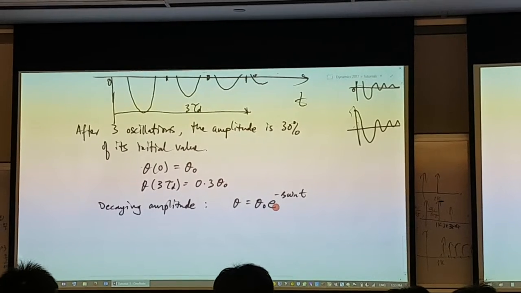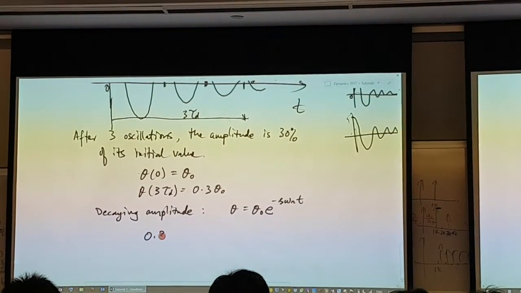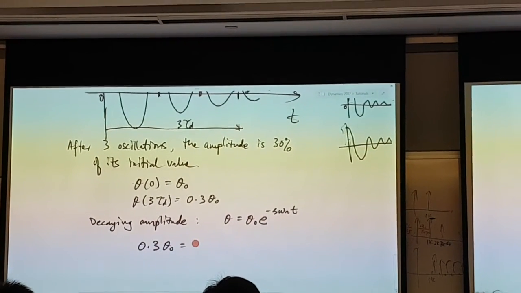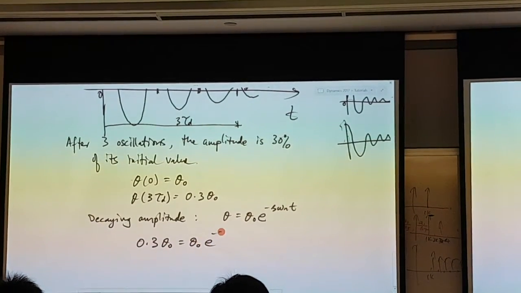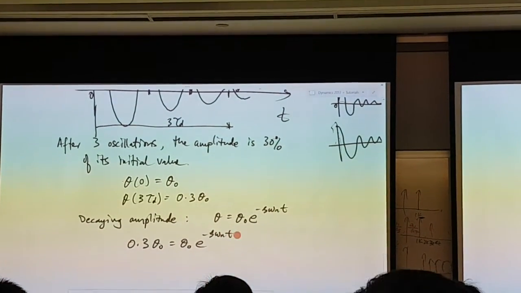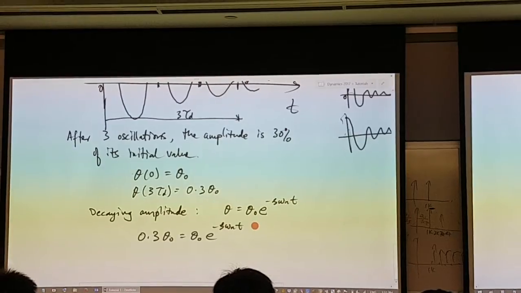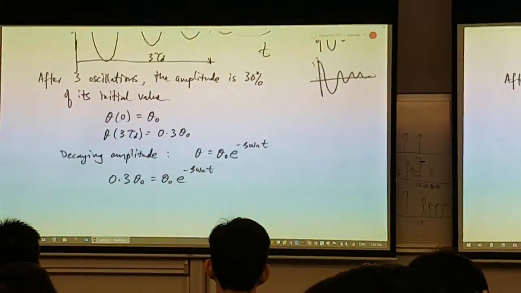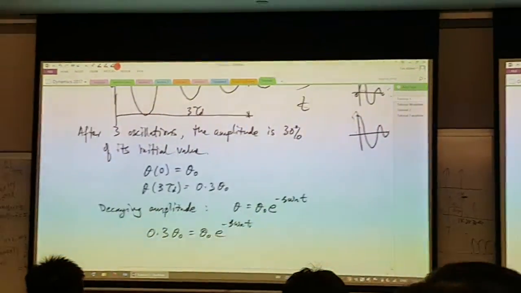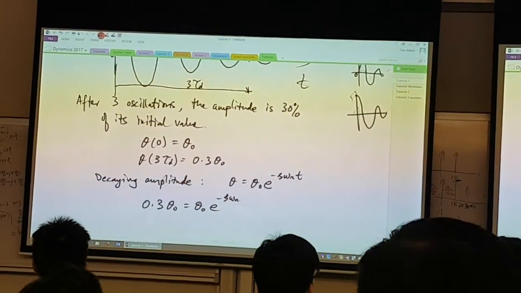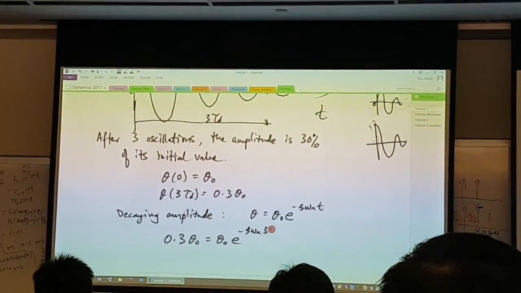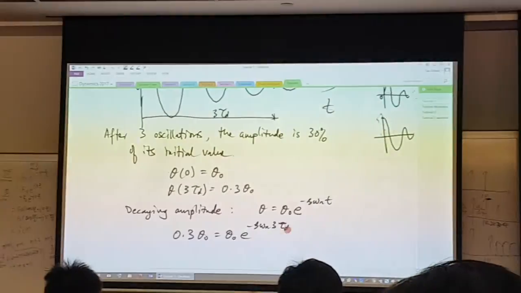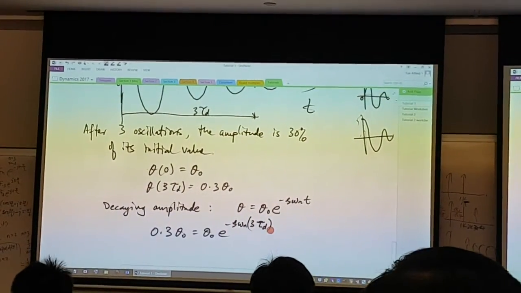If you put them together, that means 0.3 theta naught must be equal to theta naught e to the power minus zeta omega n t, where this t over here is 3 tau d. Right, that's the t.